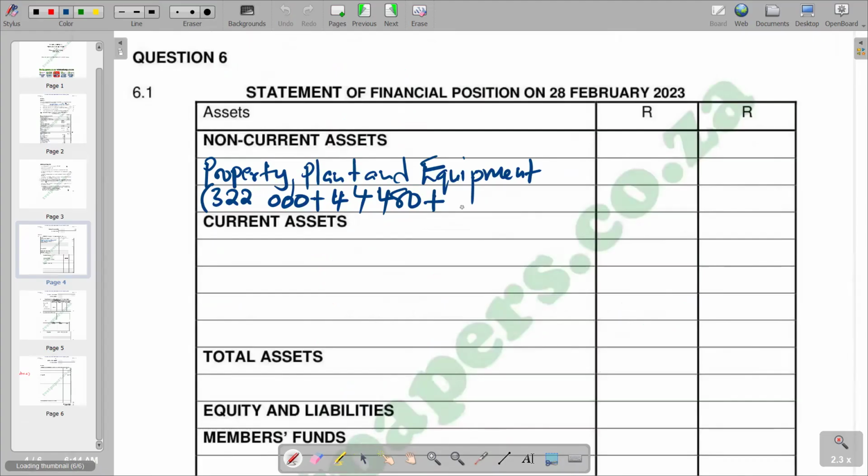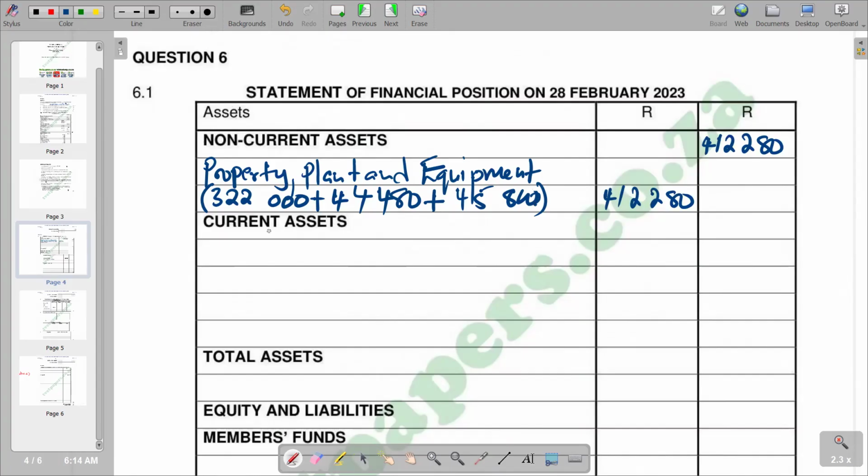So from there, we can now add the three figures that we have here, in brackets, to get the total that is supposed to come here. If we add the three figures, we're going to get 412,280. That's the same figure that is going to come here, representing the total for the non-current assets. So here we have put also 412,280.